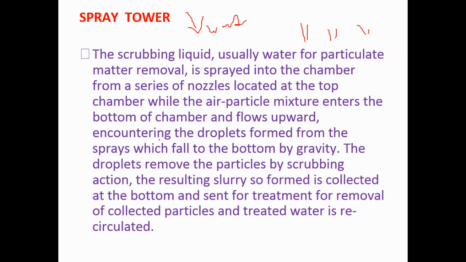Here, the gas from the bottom chamber flows upwards, encountering the droplets, and the droplets remove the particles by scrubbing action. Scrubbing action means the contact of the particulate matter with the water, and the resulting slurry is collected at the bottom. When the water comes down after making contact with the particulate matter, it forms a slurry-type dust that can be collected at the downside.